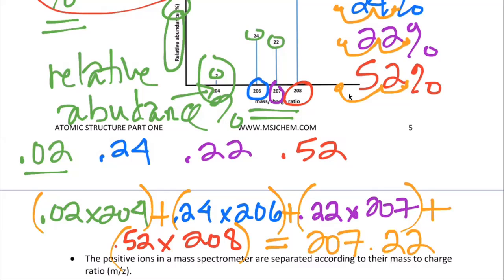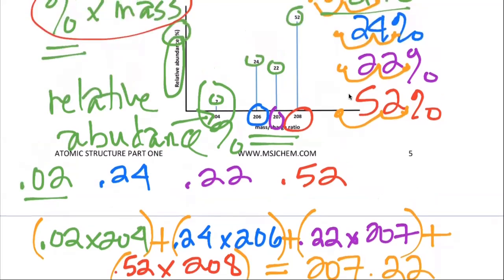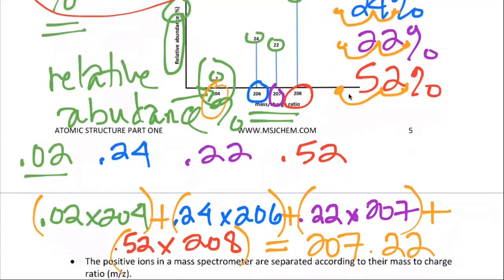Some things you want to keep in mind, okay? Even though this is a weighted average, it is still an average, okay? So if we look at our numbers, we had 204 and then 206, 207, 208, and we didn't just add them up and divide by 4. We didn't do a normal average, but we still did a weighted average. So my answer should be somewhere between 204 and 208.